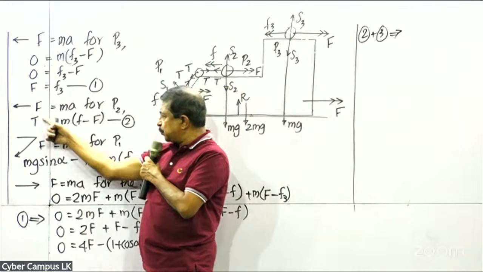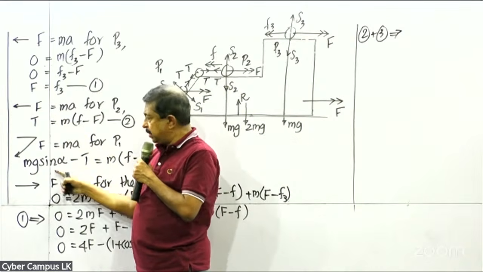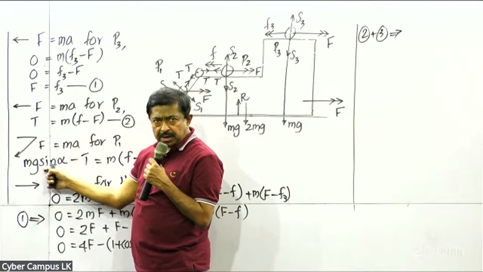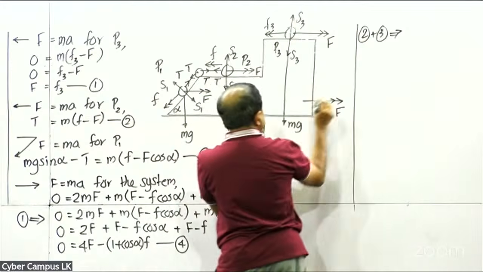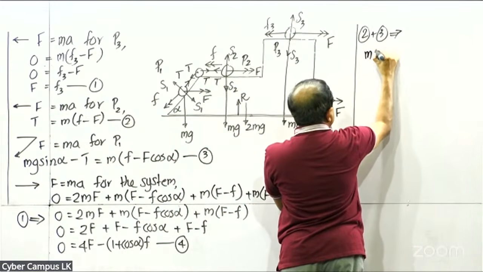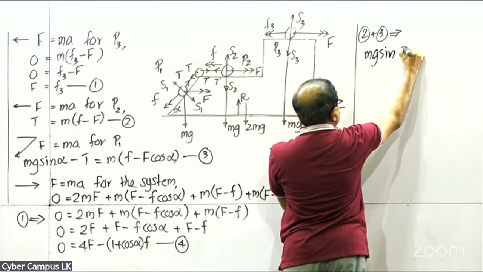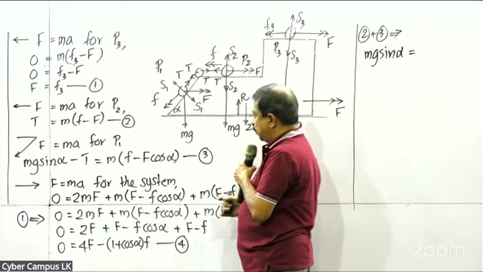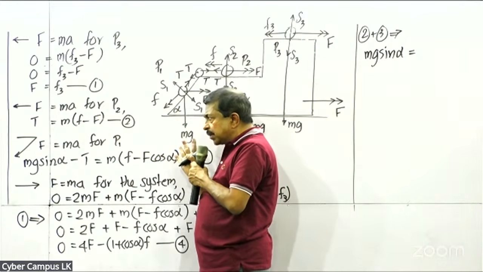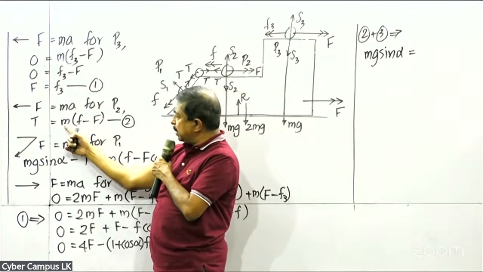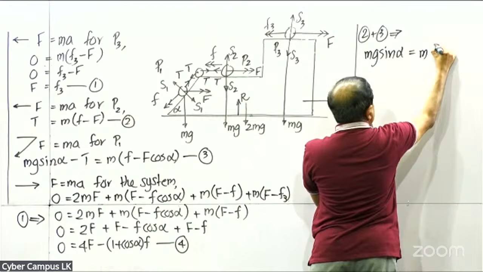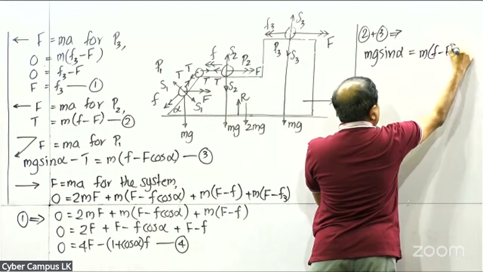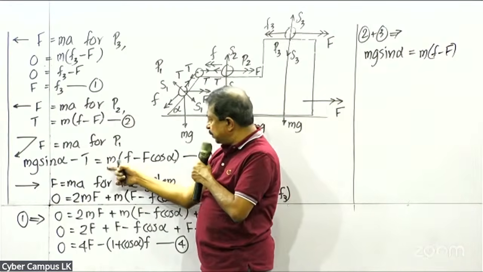Okay, if you add these two, on the left-hand side, mg sin alpha will be there, minus T and plus T will go away. So from these two, you get mg sin alpha in the left-hand side. Now, when you add these two, again, that won't be very complicated. You have m times simple F minus capital F plus this guy.